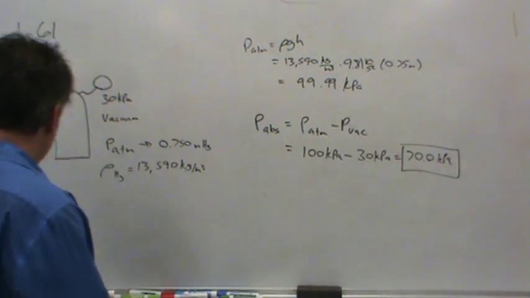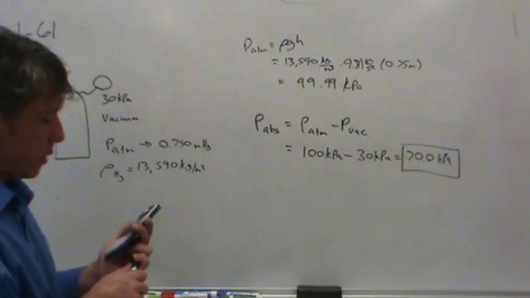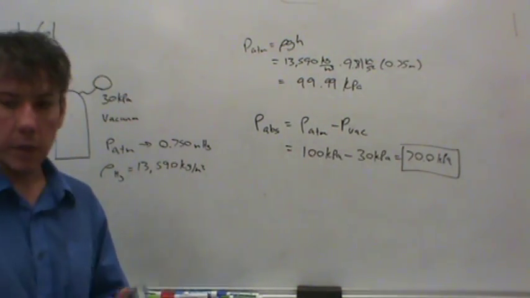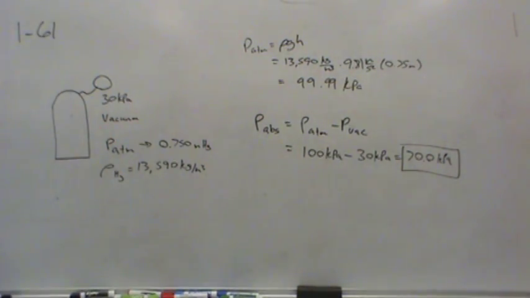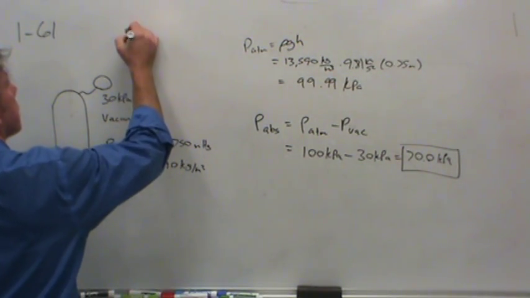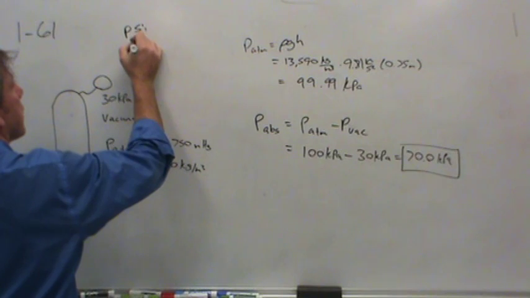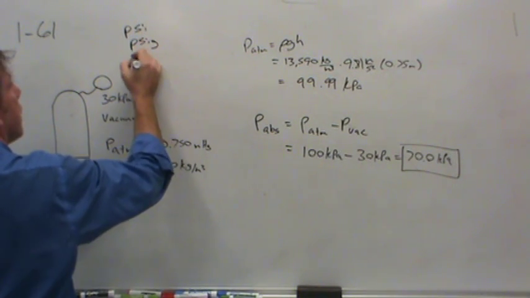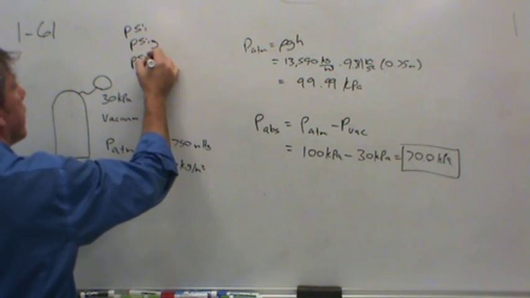Now, one thing to note about kilopascal units is that they don't really lend themselves to being absolute. In the English system, we have the terminology PSI, PSIG, and PSIA.